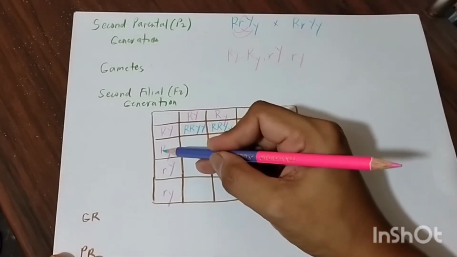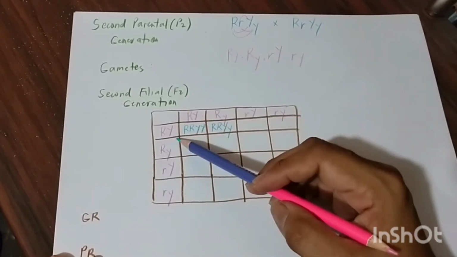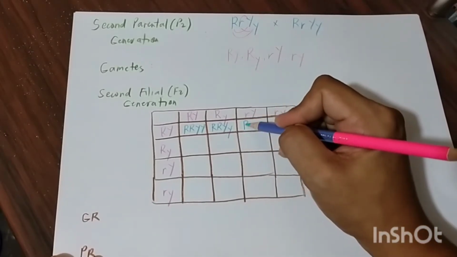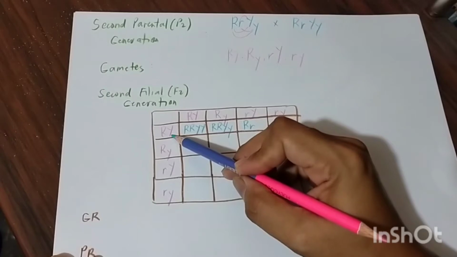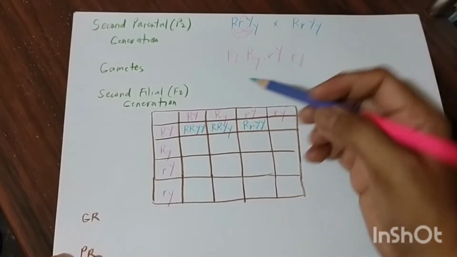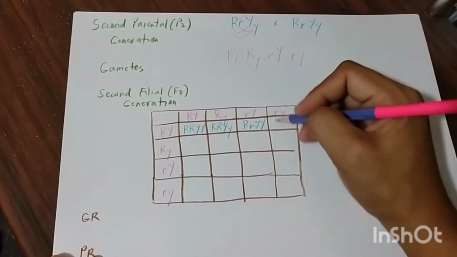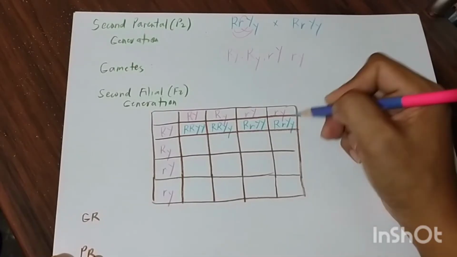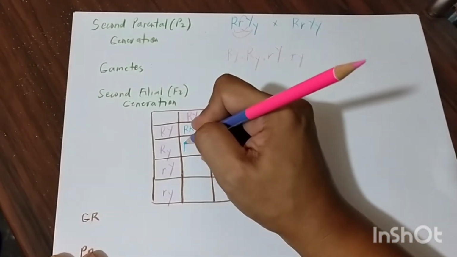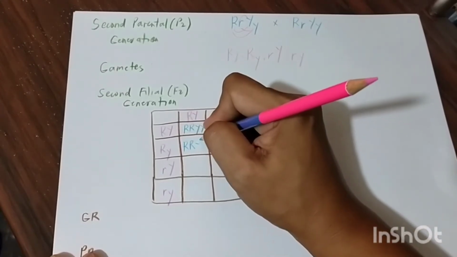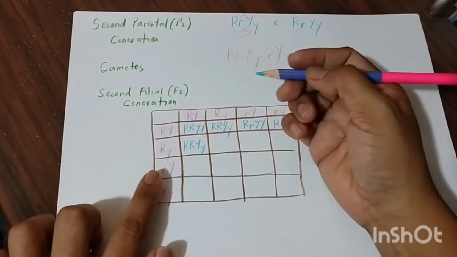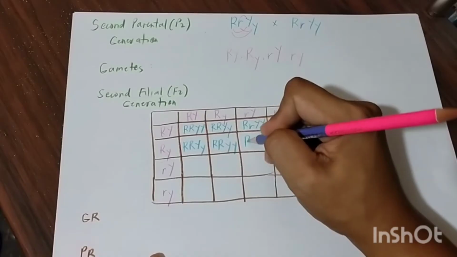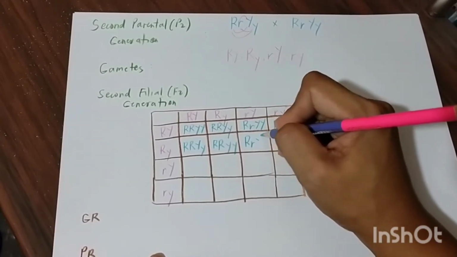So we have an allele for round and an allele for wrinkled, an allele for yellow, another allele for yellow, round and wrinkled, and yellow and green. Next, we have round, yellow and green, round, round, and green, round, wrinkled, yellow, and green.